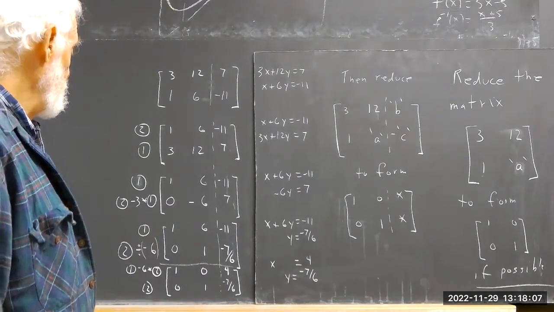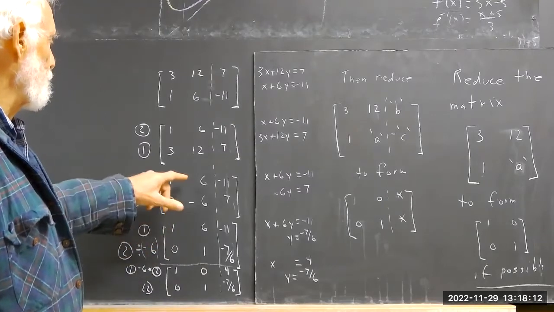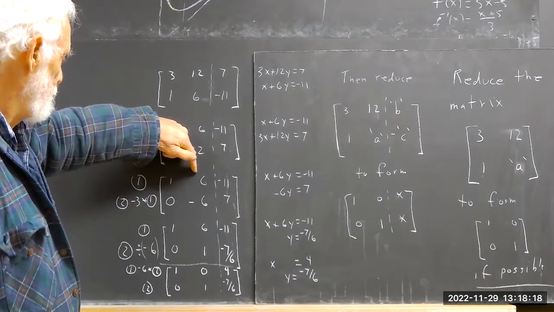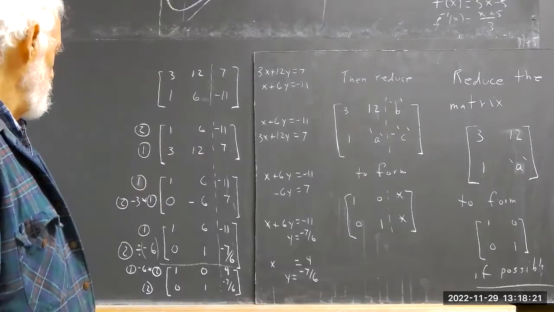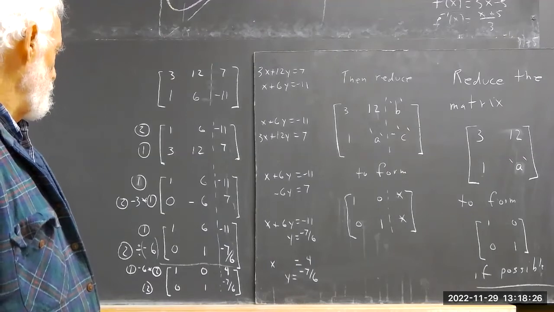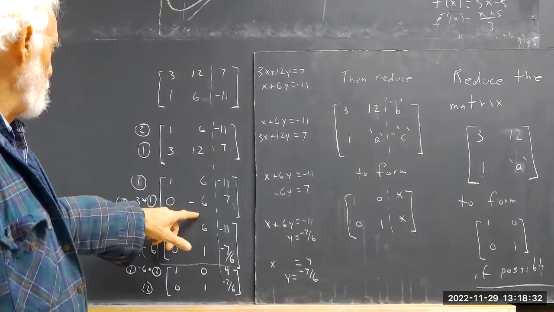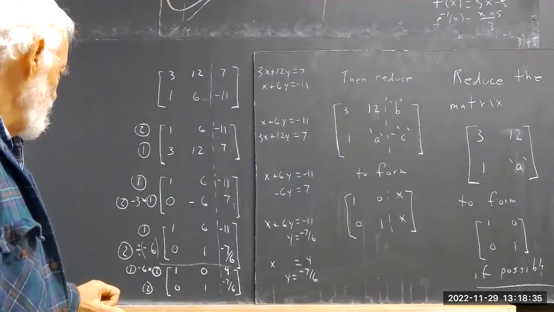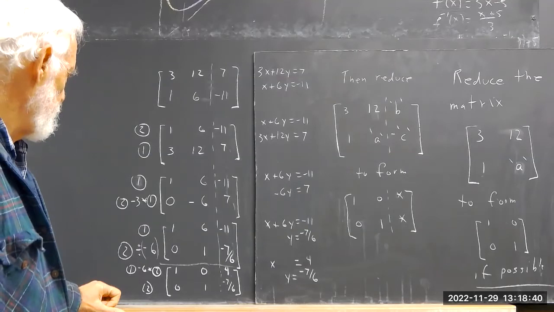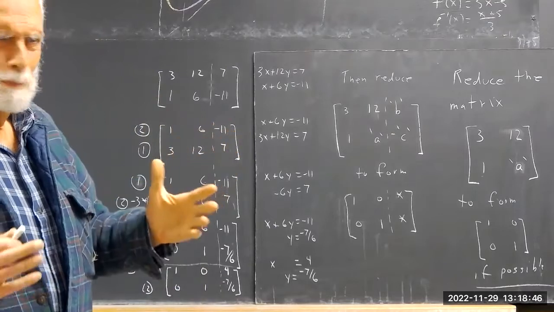Equation 2 minus 3 times equation 1. I need to do equation 2 minus 3 times this. Well, minus 3 times 6 is negative 18. And here, equation 2 minus 3 times 3. Pretend I didn't just do that.